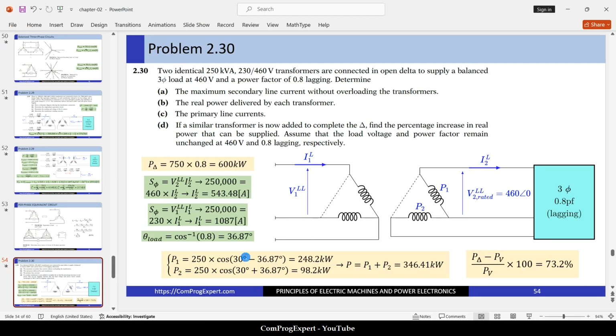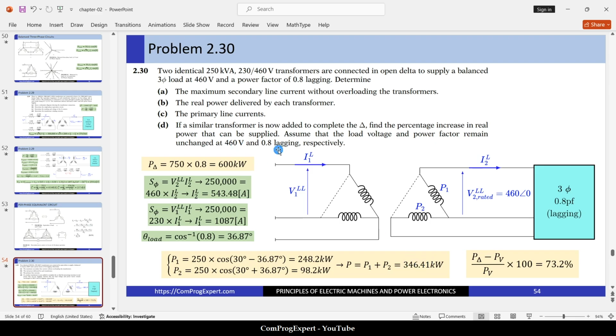If we use these two equations, this is the phi or theta load. The value of P1 is equal to 248.2 kilowatt. This is the power delivered by P1, and the power delivered by P2 is 98.2. The total power delivered by the V connection is 346.